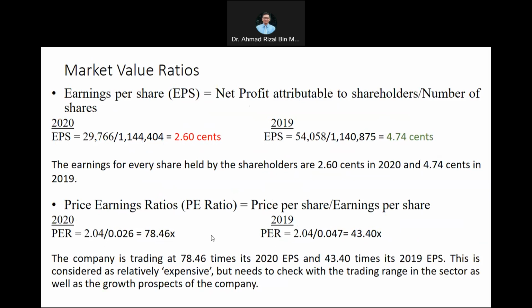We interpret it as the company is trading at 78.46 times its 2020 earnings per share, and 43.4 times its 2019 earnings per share. Meaning, at the current price of 2.04 ringgit, 7-Eleven is trading at a multiple of 78.4 times its 2020 earnings per share, and 43 times its 2019 earnings per share.